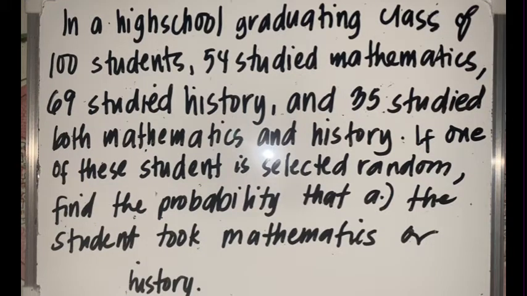From this question, we know that our sample size consists of all the students in the graduating class. So that would be 100 students. So, 100 students is our sample size. Then, let us define the following events that occur if one of the students is selected randomly from the graduating class.